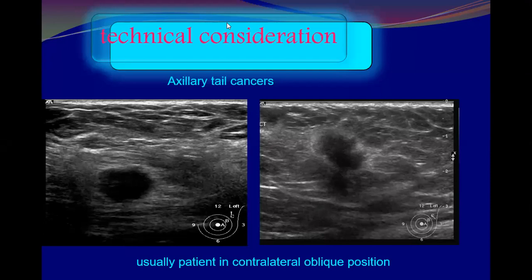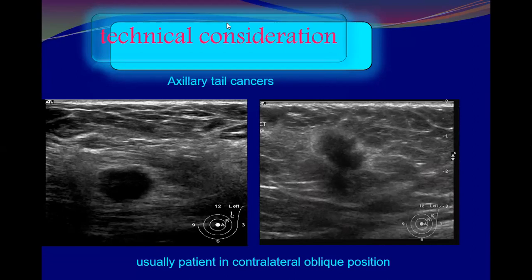Yes, while you are scanning from the breast, don't raise your probe and jump to put it in the axilla. Just sweep it continuously. If the breast tissue is not discontinued, it goes with you from the axillary tail up into the axilla, and the breast tissue is continuous, so you are dealing with axillary tail lesions.